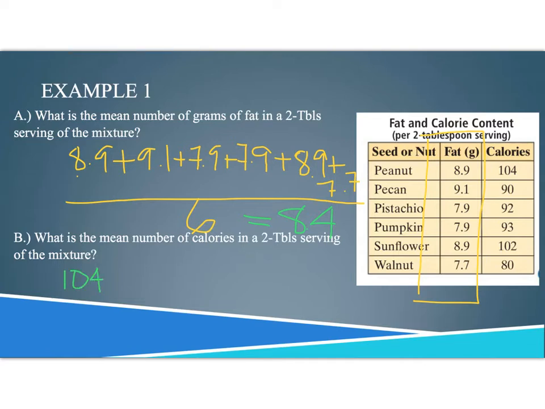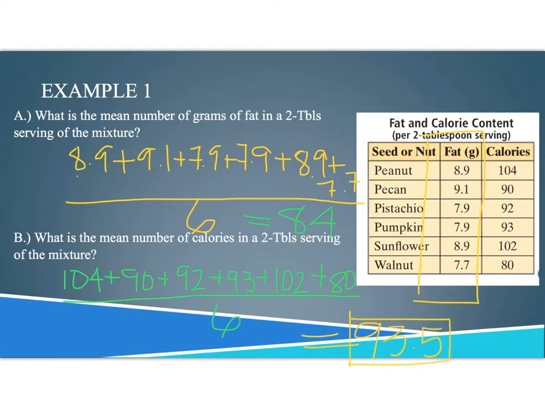So 104 plus 90 plus 92 plus 93 plus 102 plus 80, and we know that there are 6 data points, so we're going to divide that by 6, and when we do that, we end up with an average of 93.5 calories.